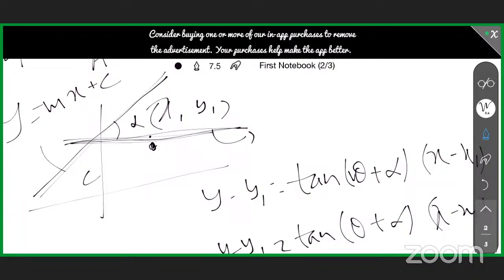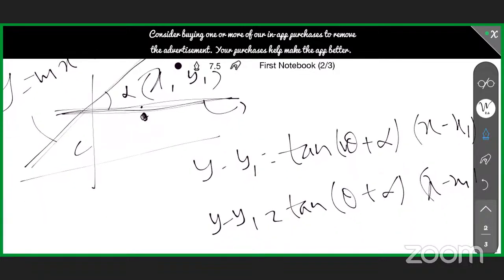Then the required equation of my line, which is passing through x1, y1, is given by y minus y1 is equal to tan of theta plus alpha into x minus x1.